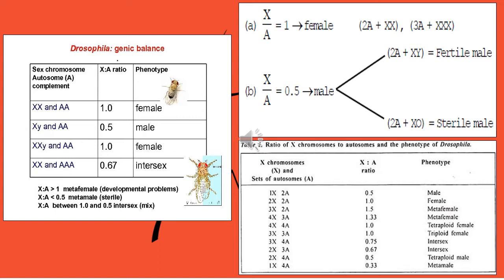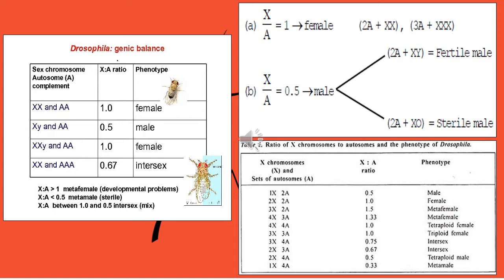Similarly, if the 23rd pair contains XY chromosomes along with 22 autosomes, then that individual is a male. In Drosophila, which is a model organism for studying the morphology of humans, they have a very different calculation based on which the sex of Drosophila is determined.